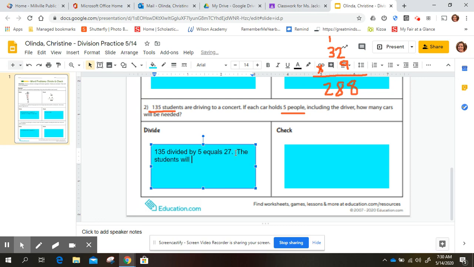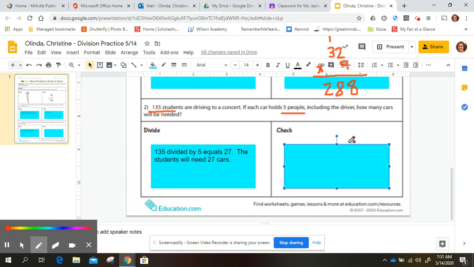The students will need 27 cars. Then when I check, I take the answer that I got, 27, and I multiply it by the number of students in each car, which was 5. And I should get 135 students.